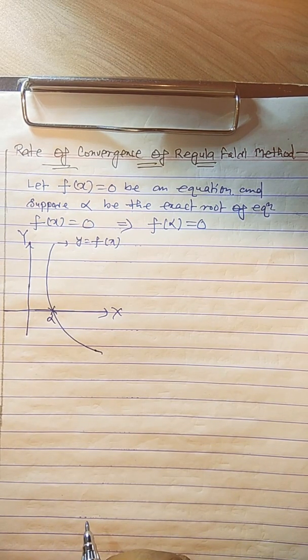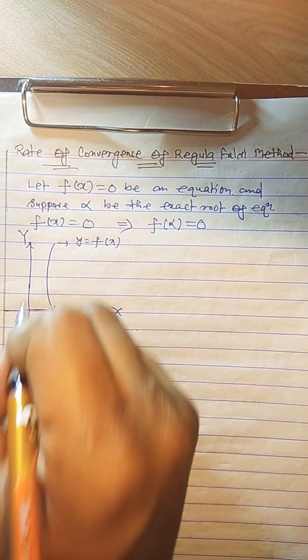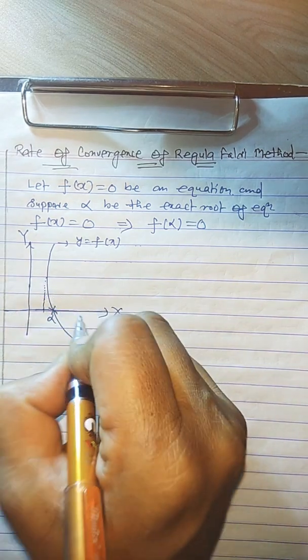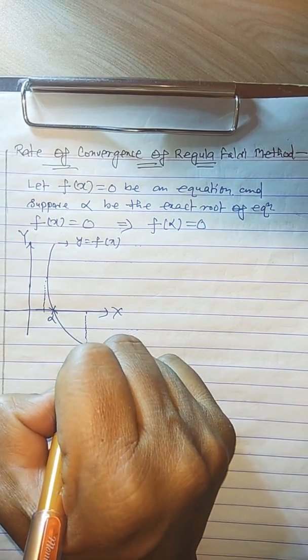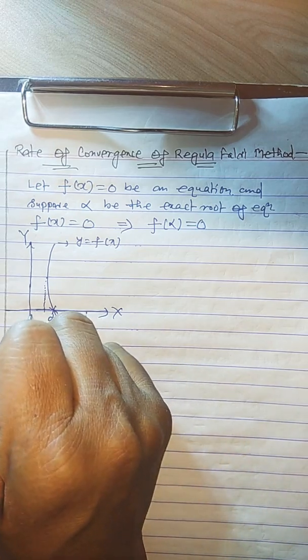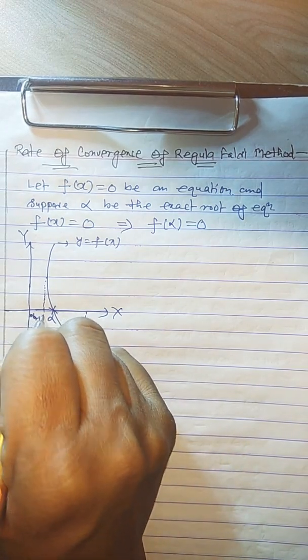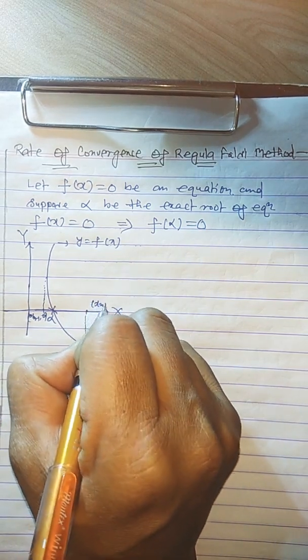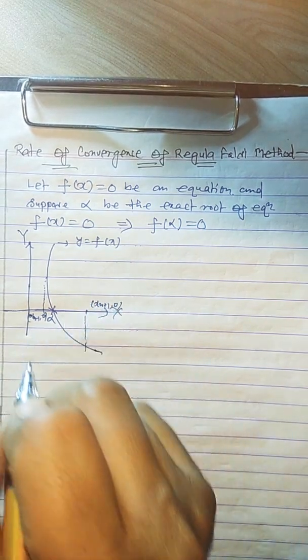Now by the intermediate value property we can find these 2 points, so we can locate the position of the root. Suppose this point is x(n-1), 0, and that point is x(n+1), 0.